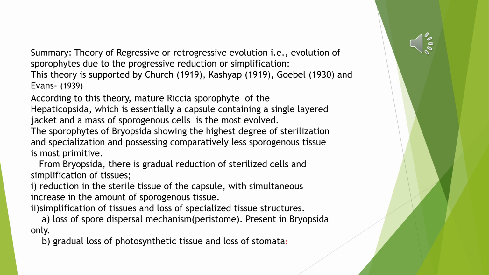The reduction in the sterile tissue of the capsule with simultaneous increase in the amount of sporogenous tissue. Simplification of tissues and loss of specialized tissue structures, like loss of spore dispersal mechanism, that is the peristome, which is present in Bryopsida only. Secondly, there is a gradual loss of photosynthetic tissue and loss of stomata.